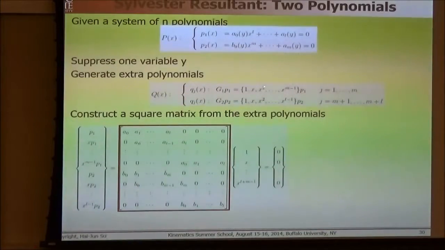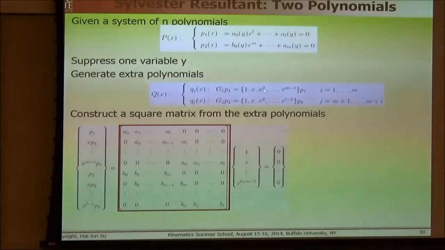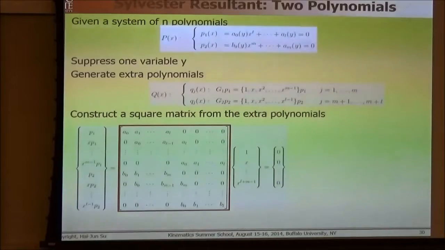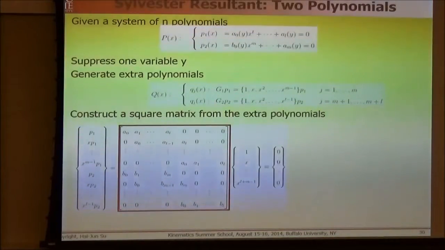So what you can do is multiply the first equation by this list: 1, x, x squared, to x to the n minus 1. So you get m polynomials, including the original one here. Okay. So you are generating auxiliary polynomials in a systematic way.